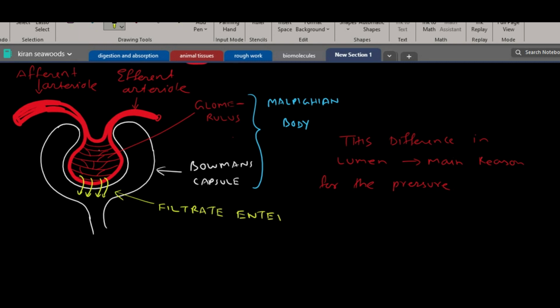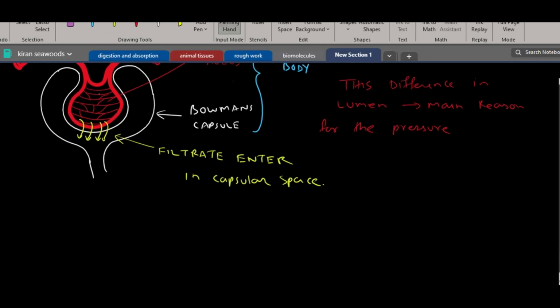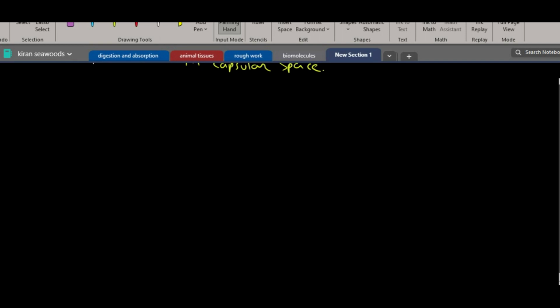The filtrate enters in capsular space. Now we will see how it filters.